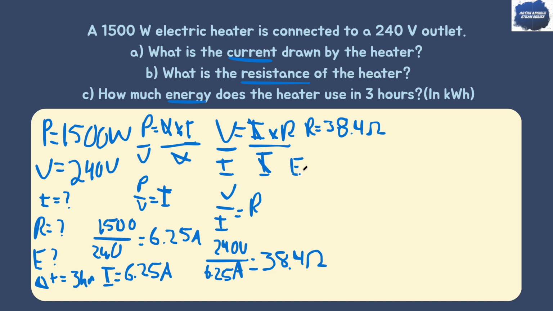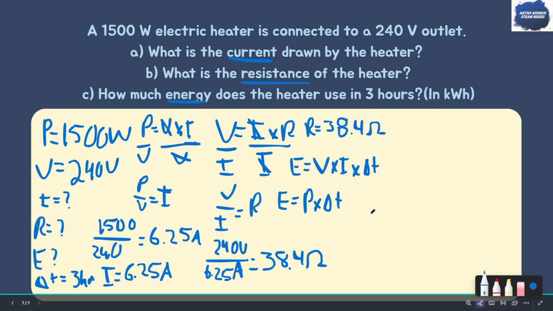Now let's find out energy. Right, energy formula, energy equals, actually, fun fact, instead of writing V times I times delta time, you can just do energy equals power times delta time.